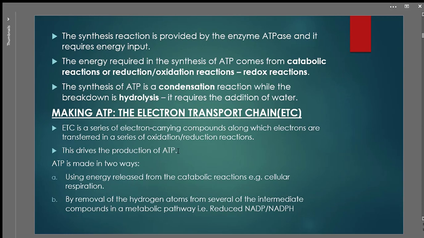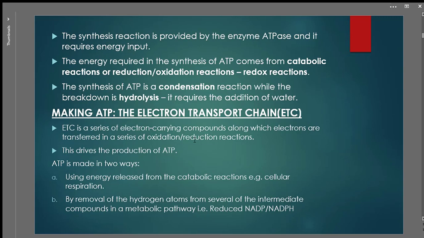In that higher energy state, as they move through the electron transport chain, they lose energy. It's like a staircase: they move from the upper area, let's say the third floor, to the first floor using stairs, and in that case energy is lost.